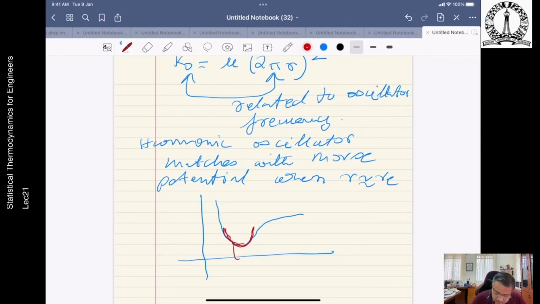So in this zone around RE, it is going to be valid. What we can see is that if R is less than RE, the force is repulsive.